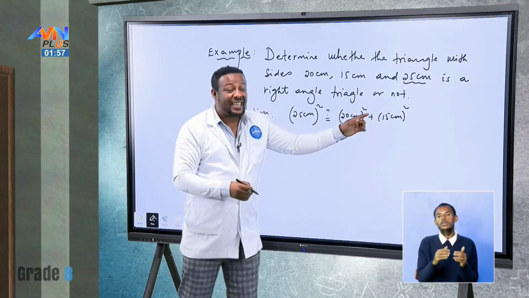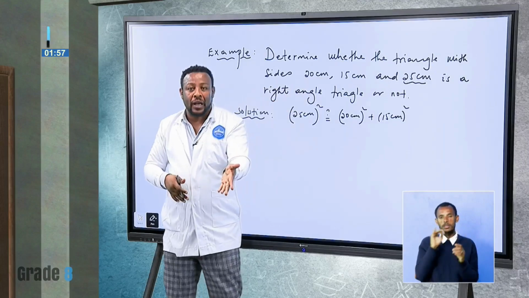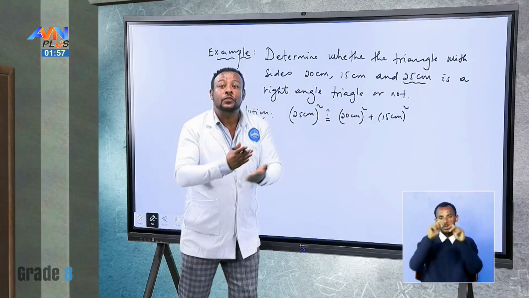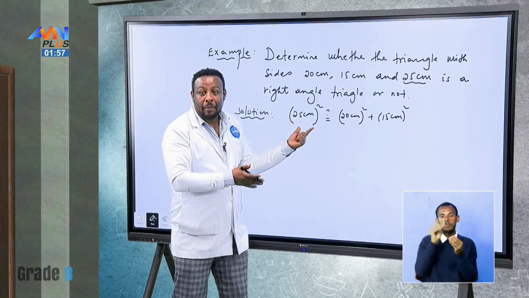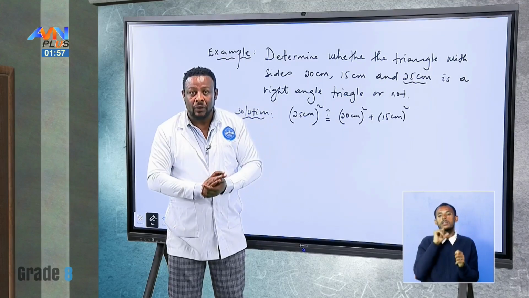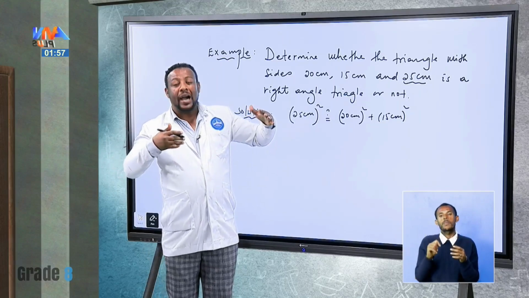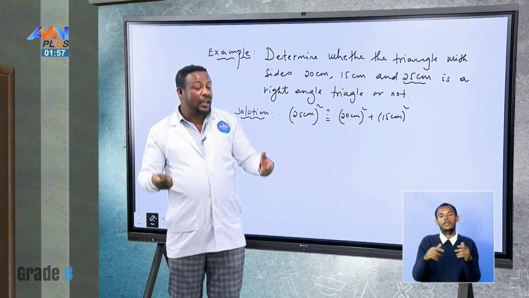If this sum is exactly the same, clearly the triangle is a right angle triangle. If this sum is different from the square of this number, then the triangle is not a right angle triangle. This converse helps us to identify whether the triangle is right angle or not.